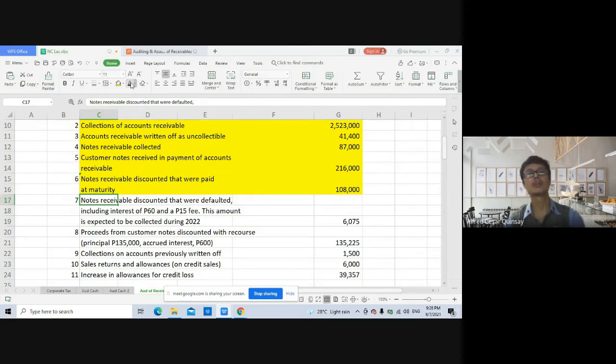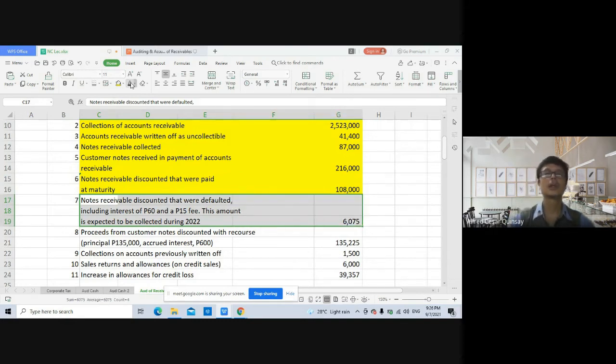So notes receivable discounted that were defaulted, including interest of 60 and a 15 peso fee. This amount is expected to be collected during 2022. Now, this one, dishonored note to, no?